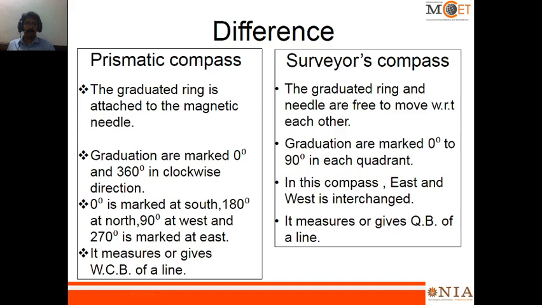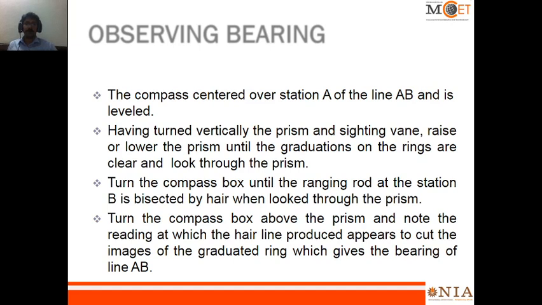It may look vague. We will see one by one, then you will get a clear understanding while doing the problem or applying the concept. So while using this compass, if you try to observe the bearing, the compass is centered over a particular station, say A, of the line AB, and is leveled.